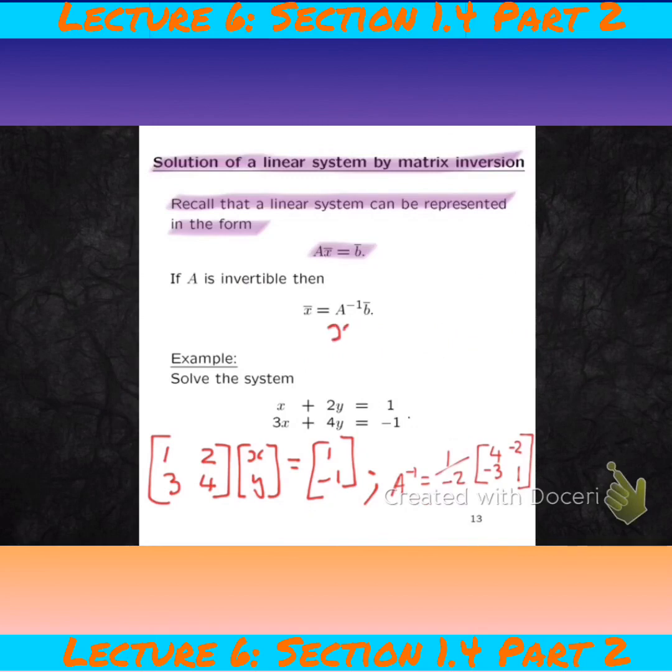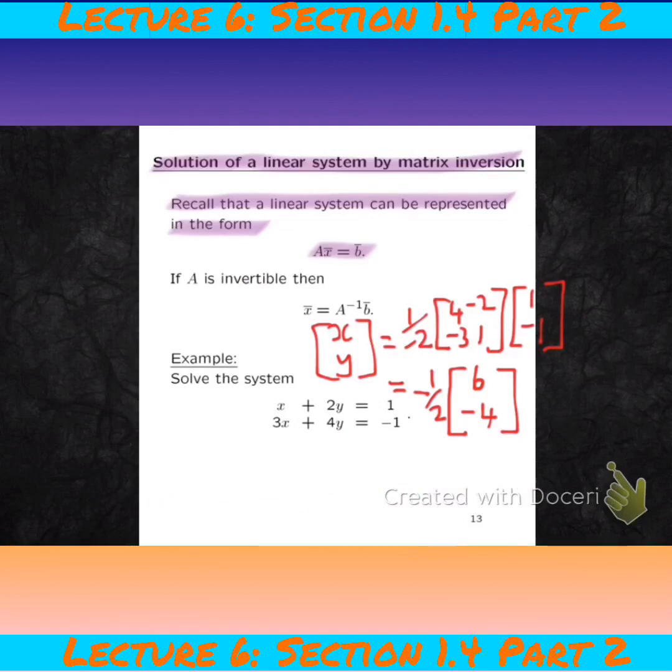From there we can solve our system by noting that it will be A's inverse, which we calculated as that matrix, 4, minus 2, minus 3, 1, multiplied with the column vector 1, minus 1.